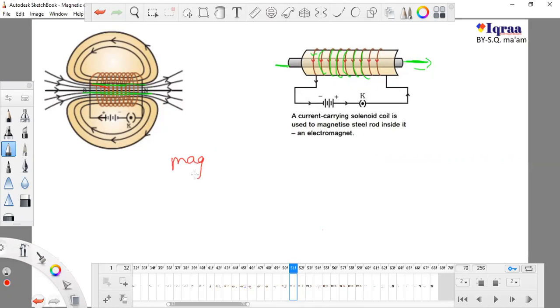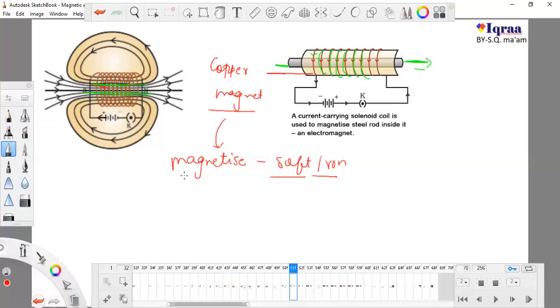What is the meaning of magnetize? You are transferring the effect of the magnet. We are transferring the effect of this copper, which is a magnet now, and magnetizing soft iron or steel, or you can use anything.